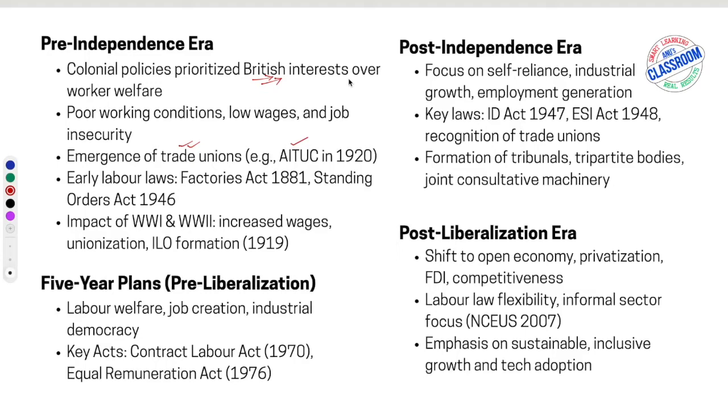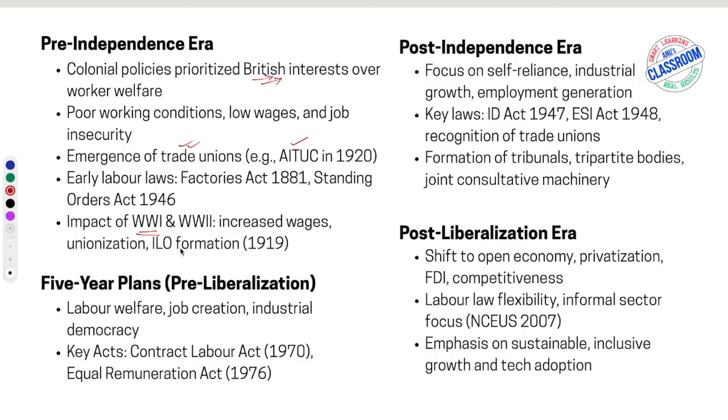Let me know. Now, the two world wars that happened during the pre-independence era also played a very big role. World War One created labor shortages in Europe, which meant better wages for Indian workers over there. But employers were not too happy and started using machines to cut cost.